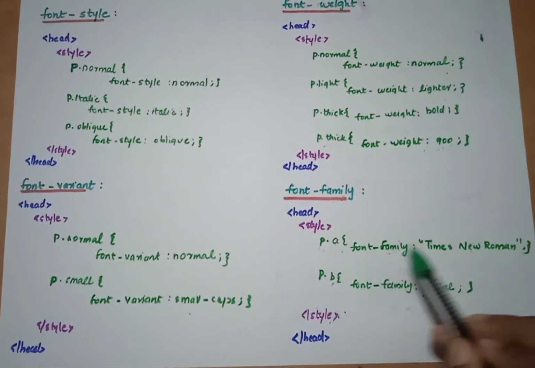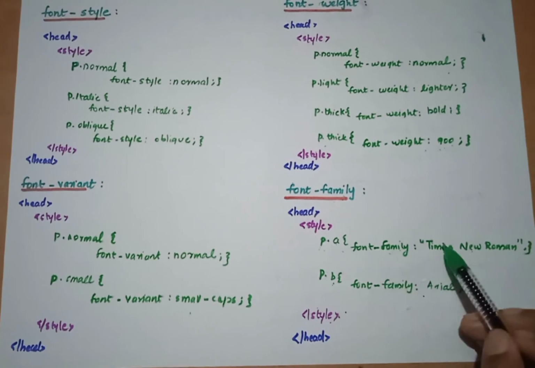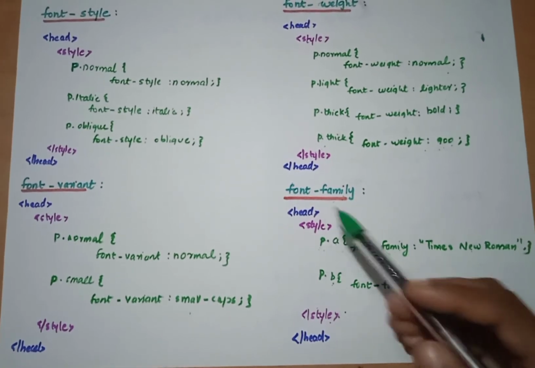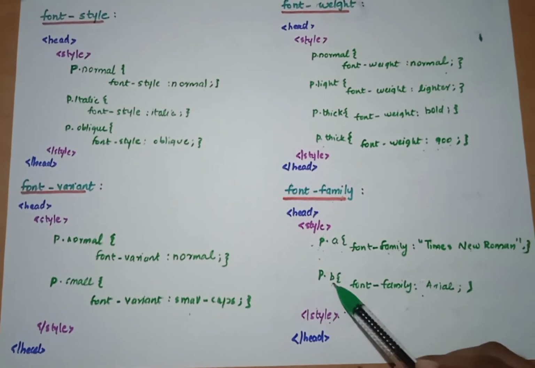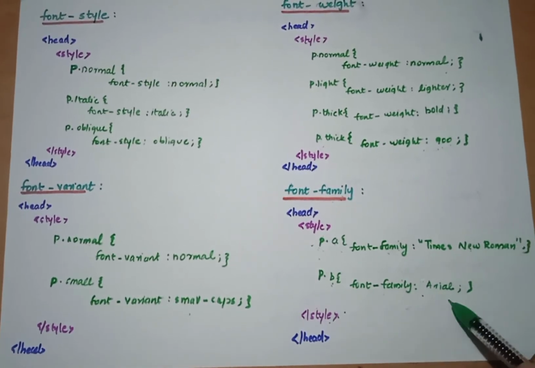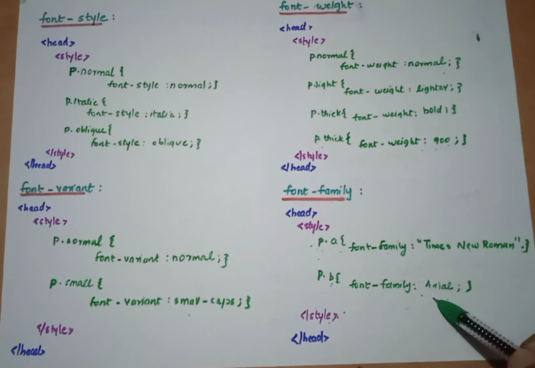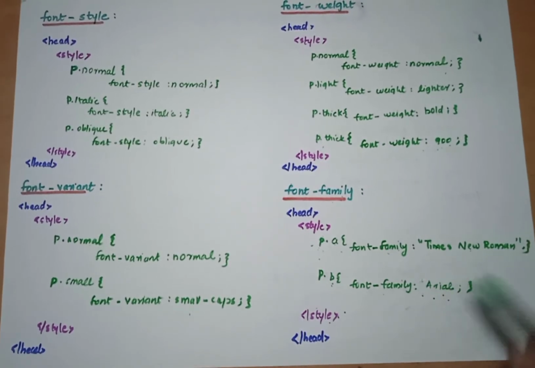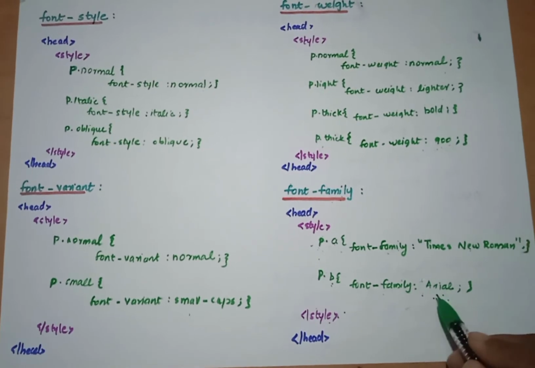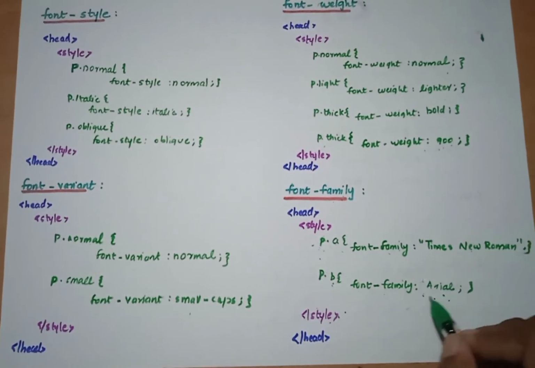You can change the font family for whichever paragraph you want. You can also see my next family is Arial. So what will happen is, from the normal font it will change into this font.